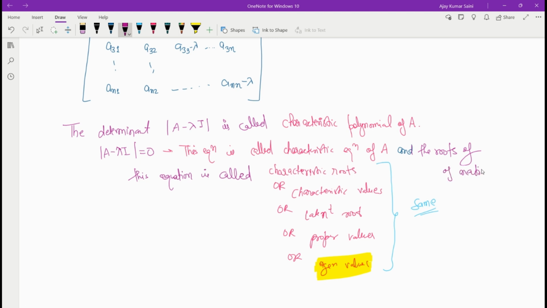So the roots of this equation are known as the eigenvalues of matrix A, proper values of the matrix A, so like this, okay.